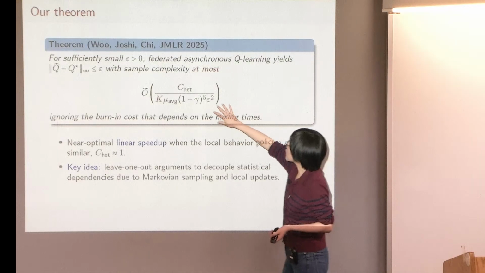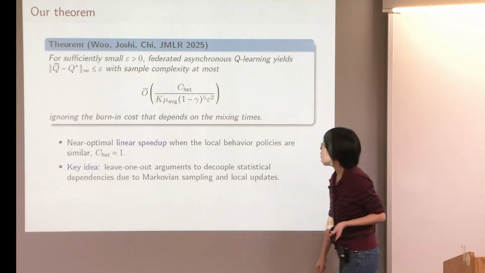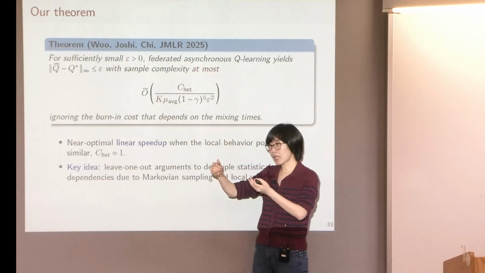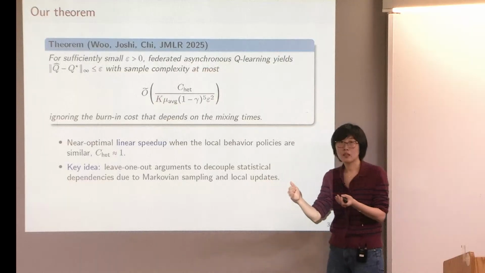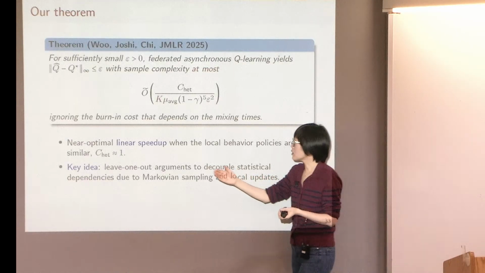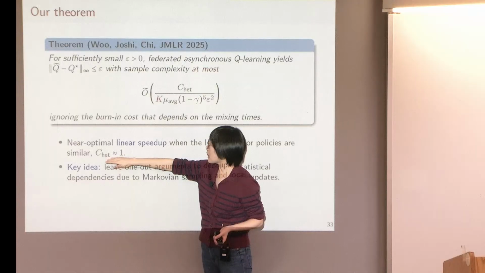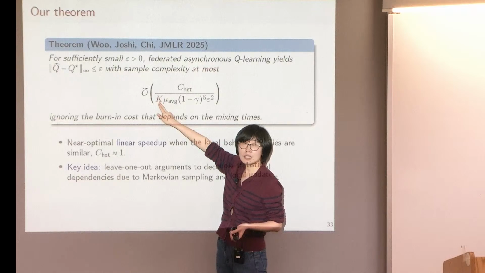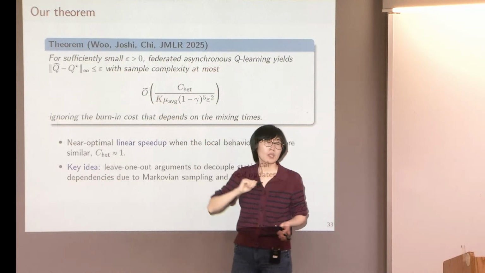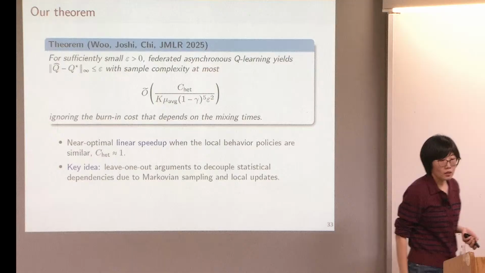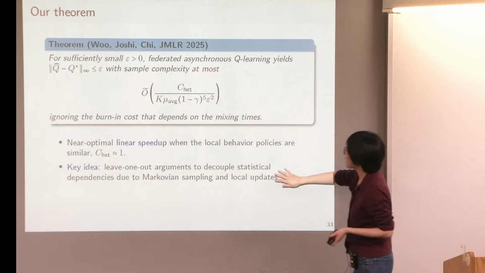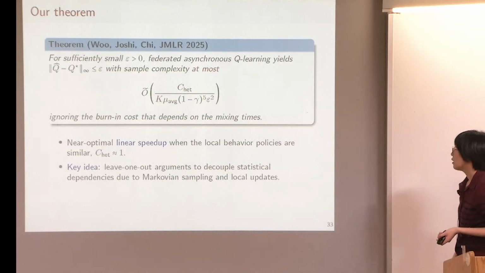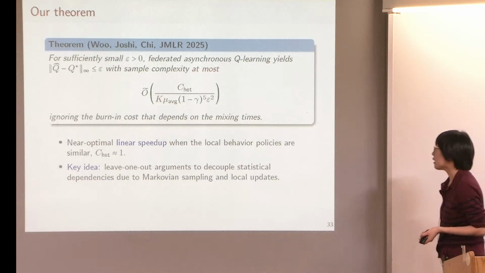Let me try to interpret this result. If all the behavior policies are nice and similar, so I can assume the heterogeneity parameter is just 1, then we do have the nice linear speedup. And the analysis is actually quite involved because of the Markovian trajectory, so you have to do some quite sophisticated leave-one-out types of arguments.